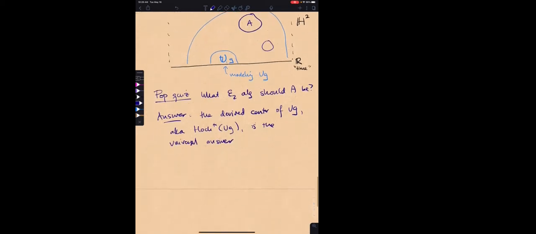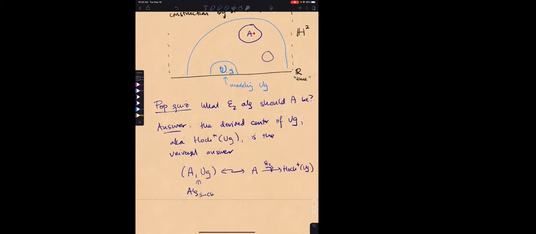It's universal in the sense that giving a Swiss cheese pair, so an algebra over the Swiss cheese operad, is equivalent to giving a map of E2 algebras. So if you want an E2 algebra to act on U of G, in terms of this Swiss cheese picture, you could also just give an E2 map from A into the Hochschild cochains of UG.